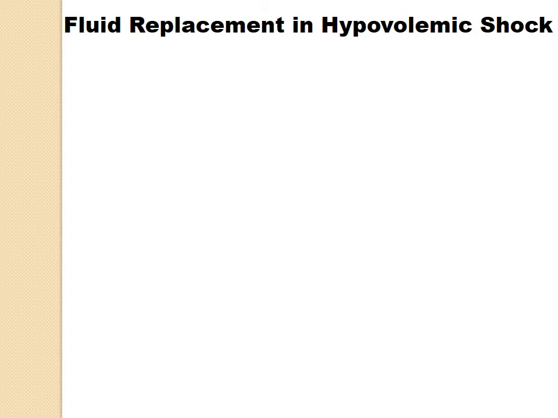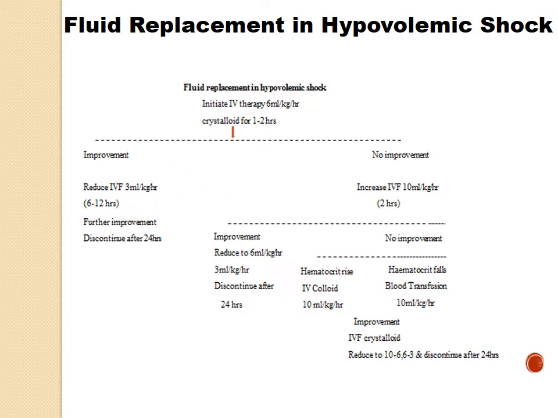Here I mention the guideline in the flowchart. Suppose fluid replacement in hypodynamic shock, we are initiating IV therapy at 6 ml per kg per hour of crystalloid for 1 to 2 hours. So there are two chances: if improvement will be there, or if no improvement will be there.